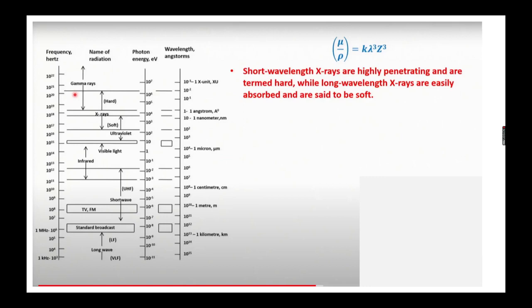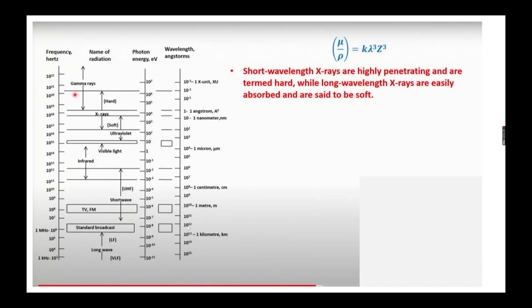So short wavelength means what? When you use a short wavelength, the energy is high. Where the energy is higher, the penetration is also higher, right? Here you can see this bar is the photon energy. Here the wavelength is increasing and the energy is decreasing.